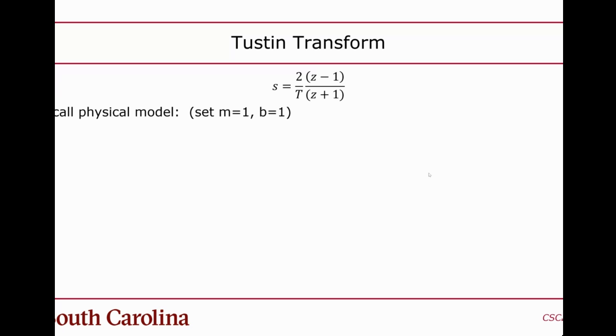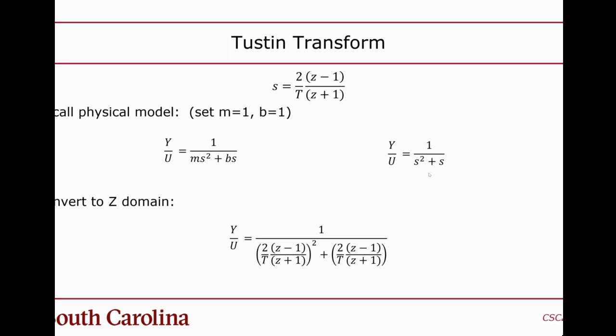Okay, so let's go back and let's do this to our physical model of moving an object, the one that we came up with from the first principles. So remember, if you recall, that had a transfer function of 1 over ms squared plus bs, where again m was the mass and b was the friction.